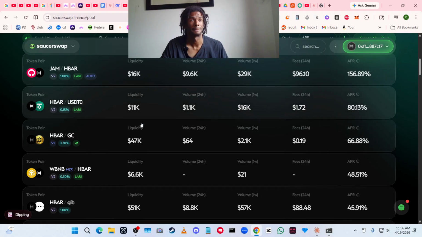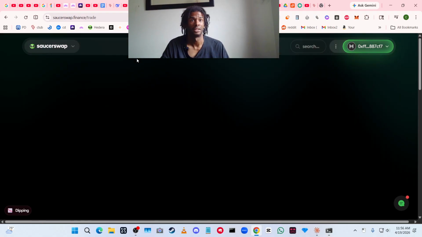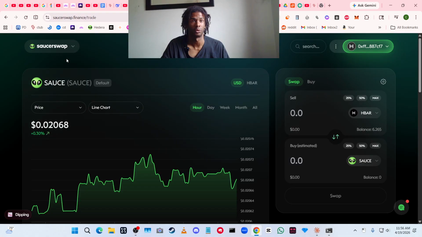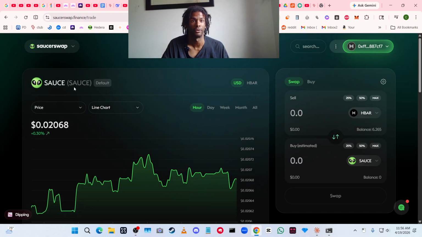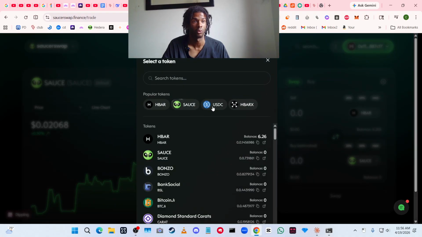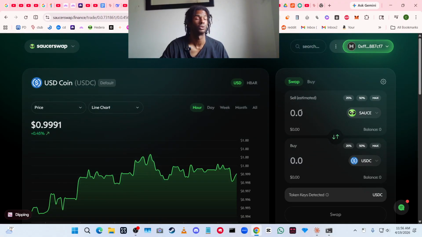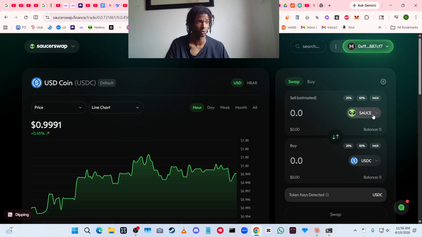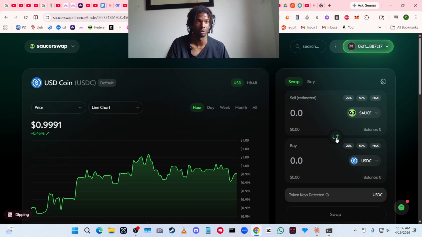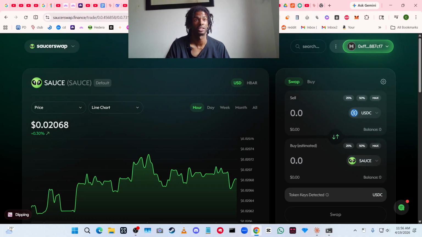Each of these DEXes has their own coin, and this is the coin they're going to give you. Once you get done with the pool, you just swap the coin for USDC or something, or more HBAR.